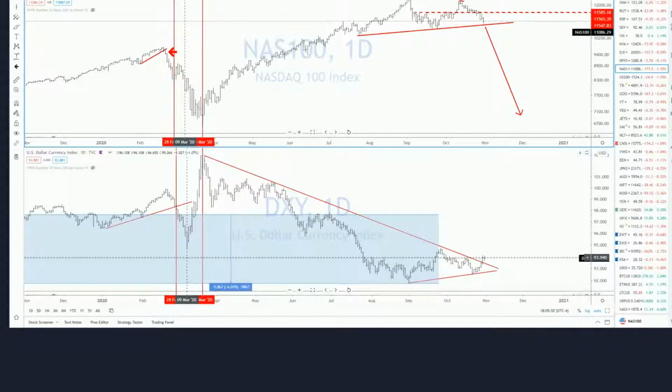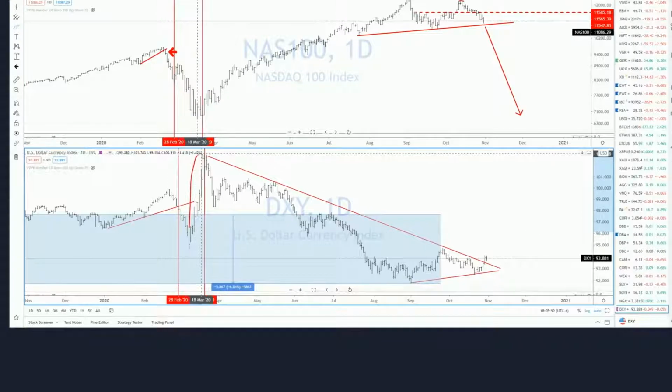The market was falling so rapidly that people started buying the dollar because of fear. So you saw a very nice big move up in the dollar. And then as soon as it bottomed here on, what is that, March 20th, 23rd, I see a 20 at the end, and I keep saying 20. Everything is 20.